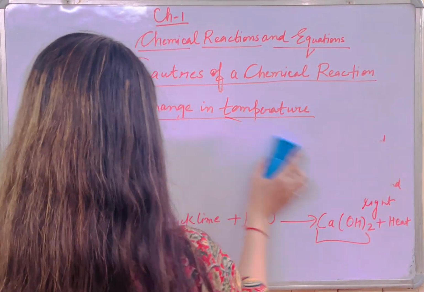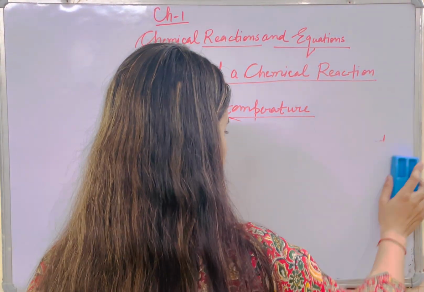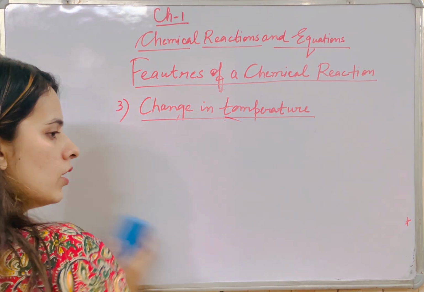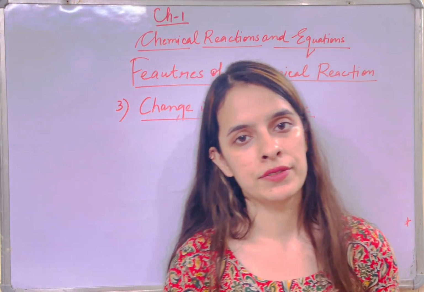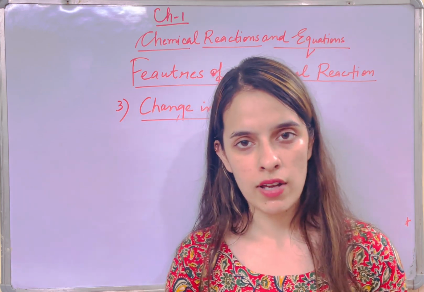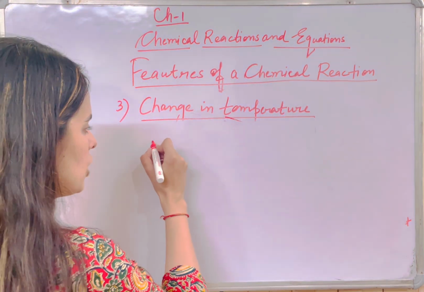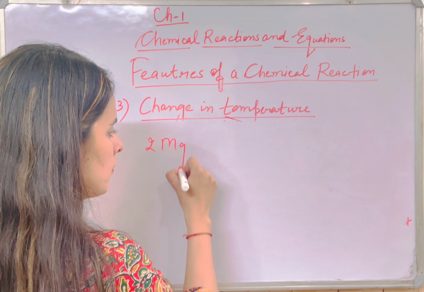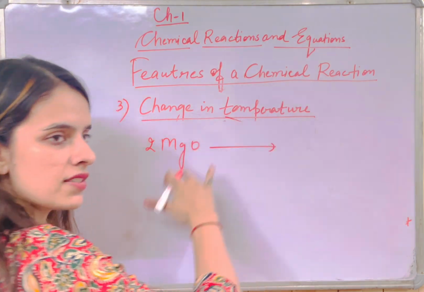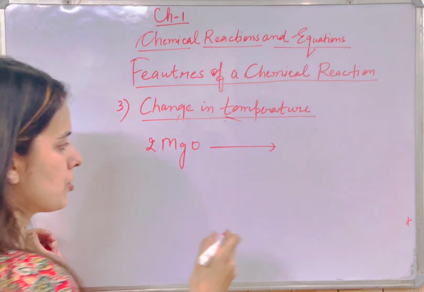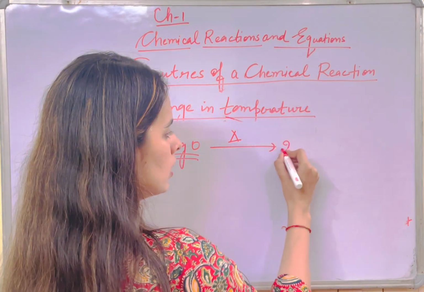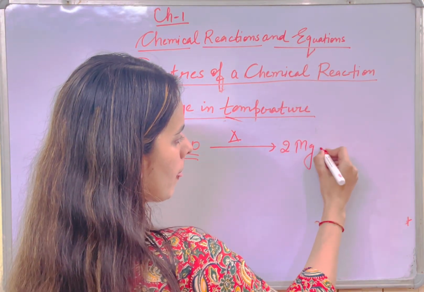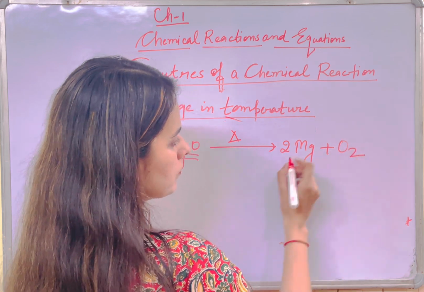So what are the examples? Initially we have studied that the burning of magnesium ribbon in air, the reverse reaction can also happen. So there magnesium oxide was formed. That was a reversible reaction. So when you pass heat, it can be split into magnesium and oxygen.